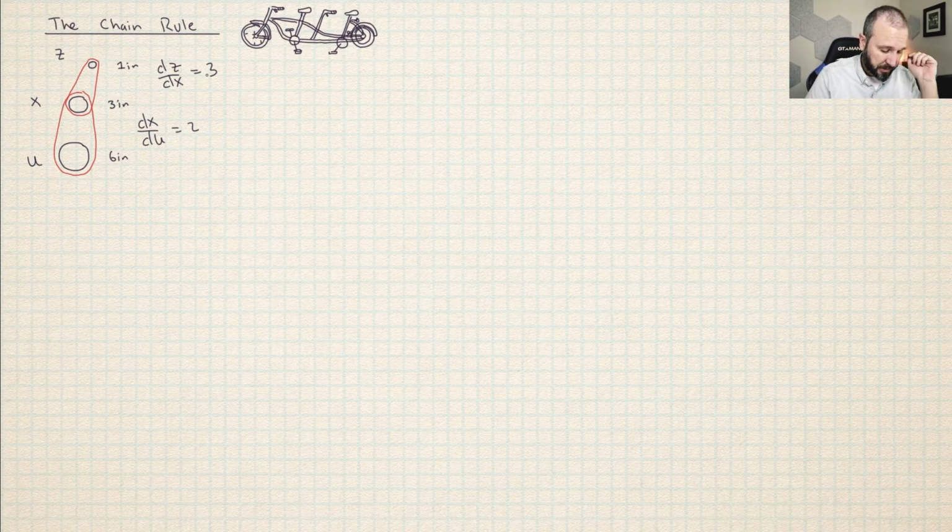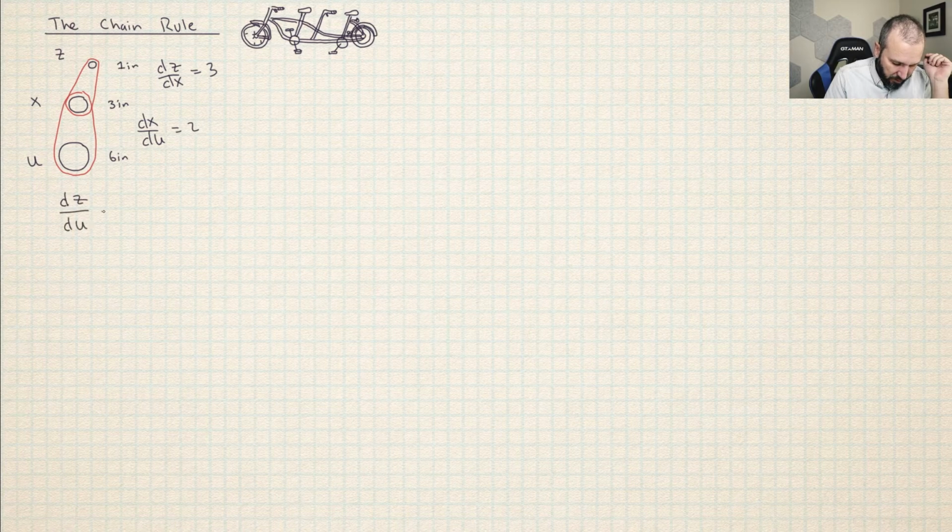It's going to be 6. So what this means is dz/du is equal to dz/dx times dx/du.